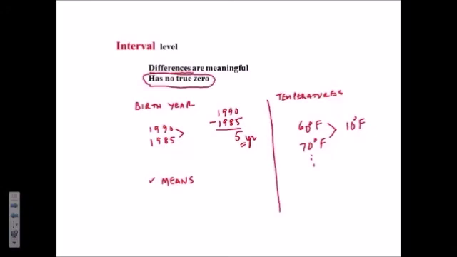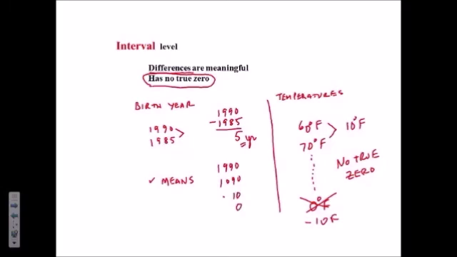Now, do these two examples have true zeros, true starting points? Well, if you go down temperatures, you go down to 0 degrees Fahrenheit. Is that the starting point for temperatures? No. You could go below 0, couldn't you? So we have no true zero here. And the same thing for years. If we go down the years, 1990, 1090, the year 10, the year 0.